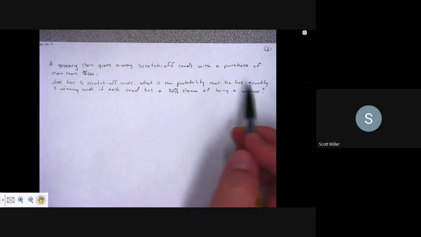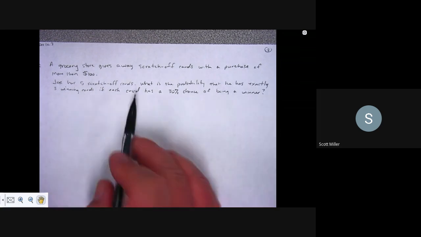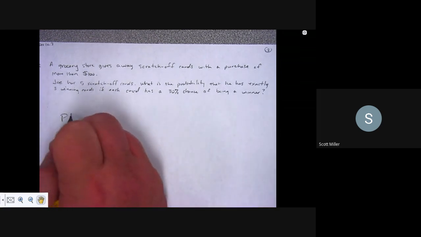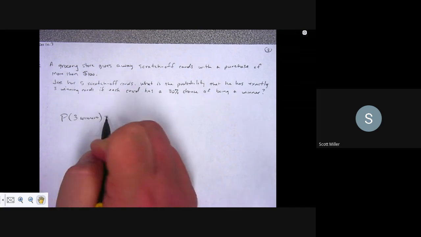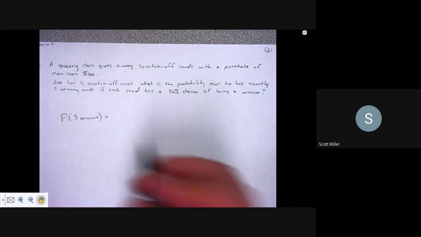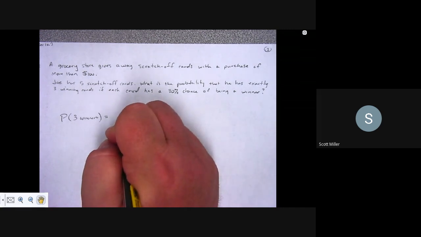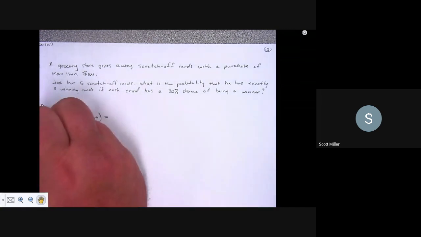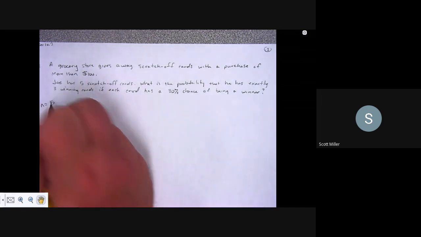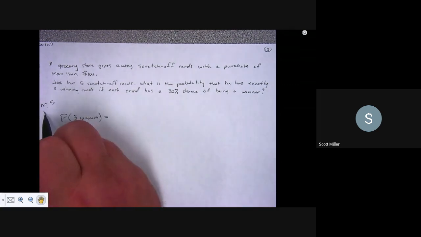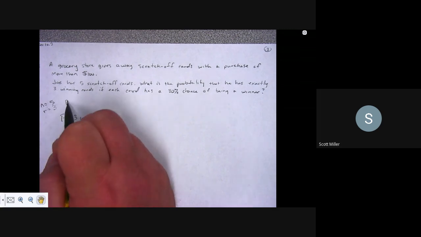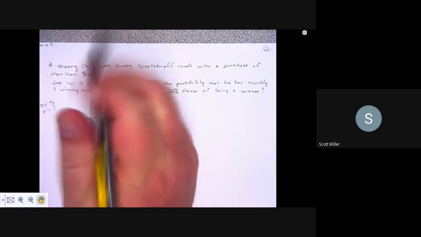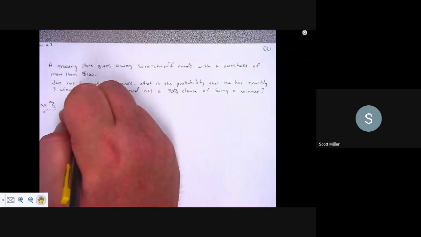So since I want exactly 3 winning cards, I'm asking, what is the probability of 3 winners? According to our formula, it is nCr. n is the number of trials, r is the 3, and the probability of a winner, p, is 0.3.